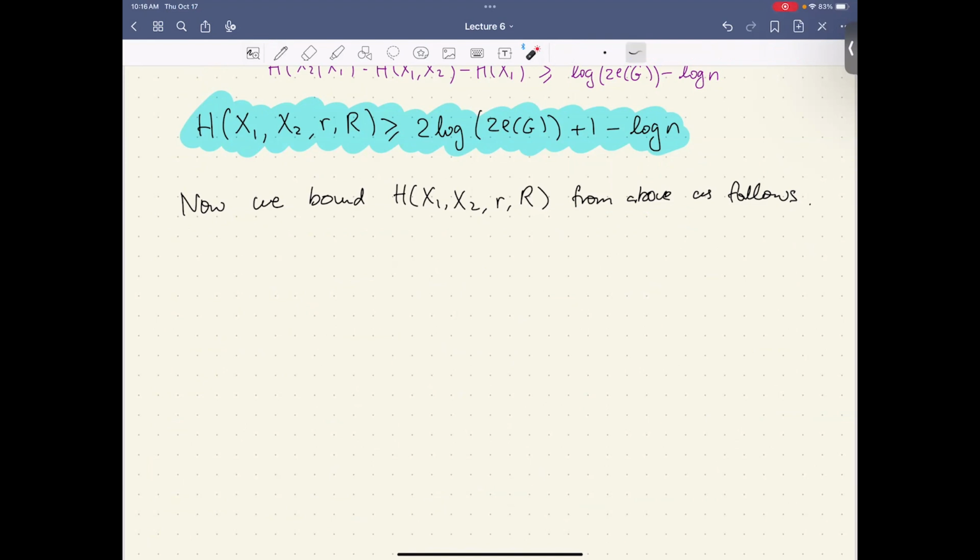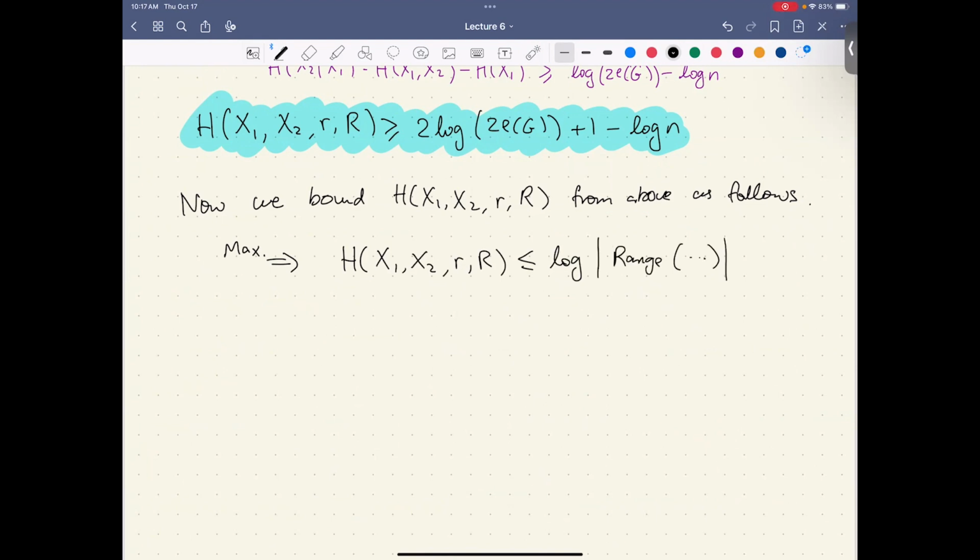We're going to analyze how large is the range. By maximality, this is essentially the only way we can bound entropy. H of x1, x2, r is at most log of the range of this guy. So let's analyze what's the range of this quadruple. What are the number of choices for them?